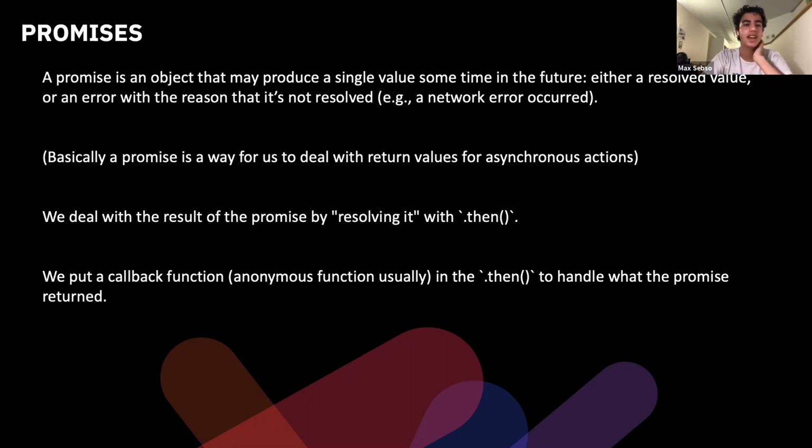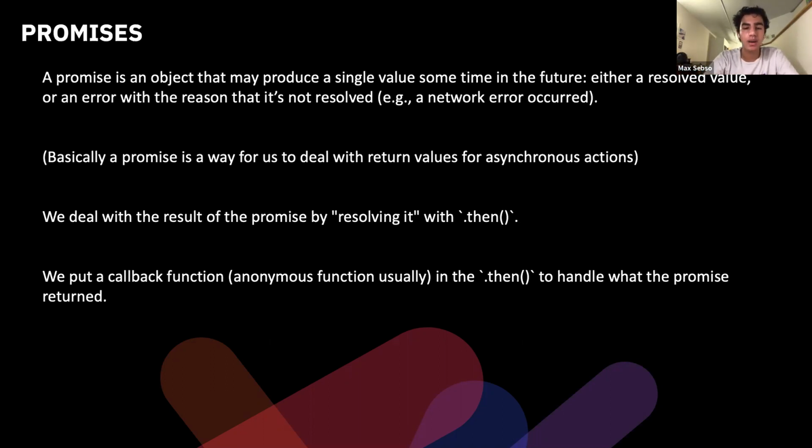A promise is an object that may produce a single value sometime in the future, which is either a resolved value, or an error that happened when we tried to request data. Basically, a promise is a way for us to deal with return values from asynchronous actions, such as requests to different places on the internet or our backend.